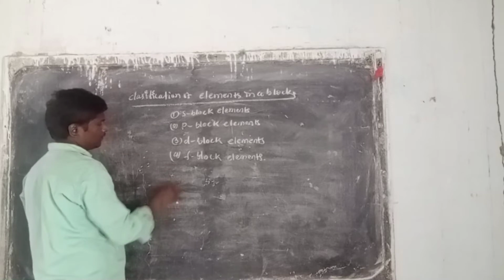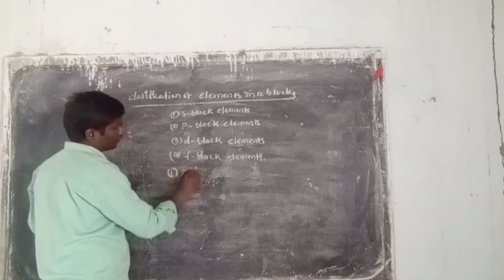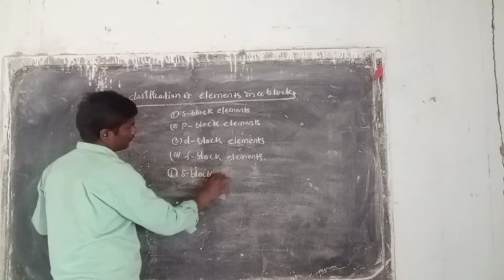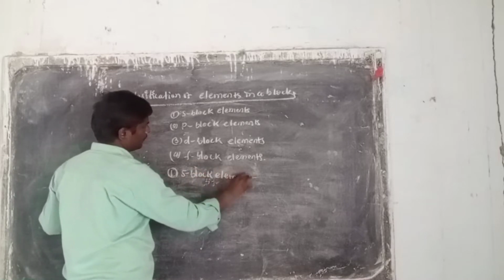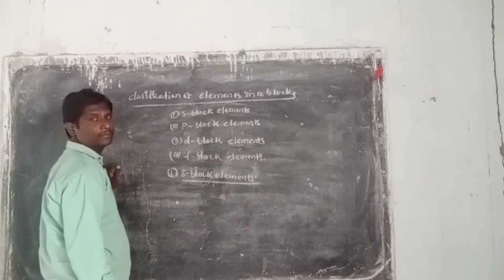Now we start with the first one, s block elements. What is meant by s block elements?